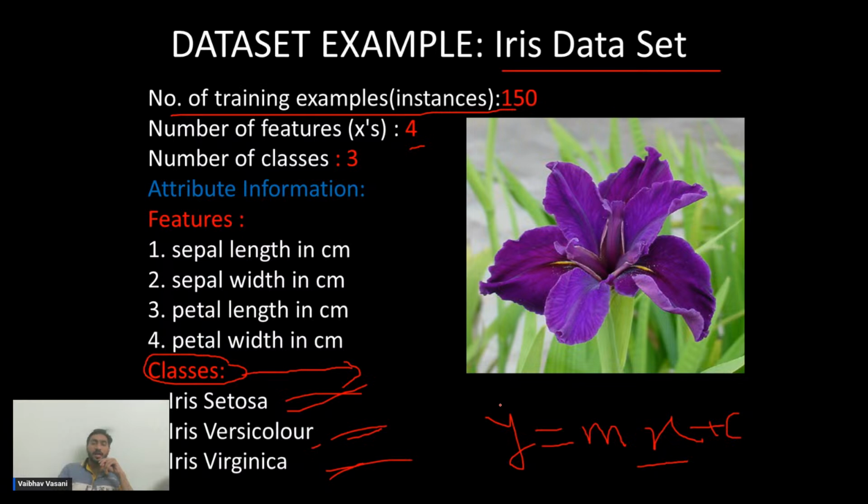This y is the variable which we want to predict, and that becomes our dependent variable, and the rest of the variables become our independent variables, because those other variables are defining this variable. So we call them independent variables, and this is called the dependent variable, right?